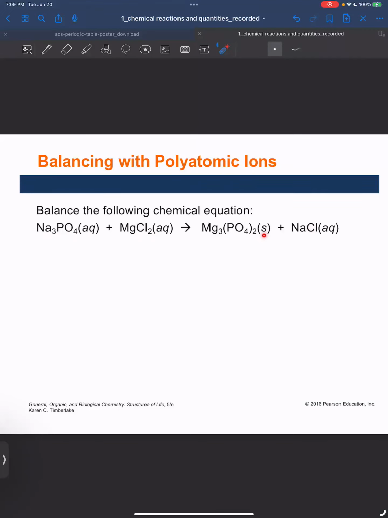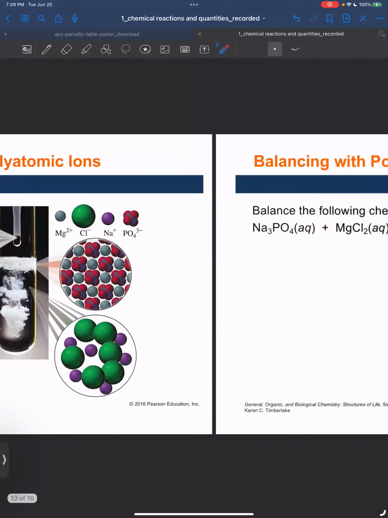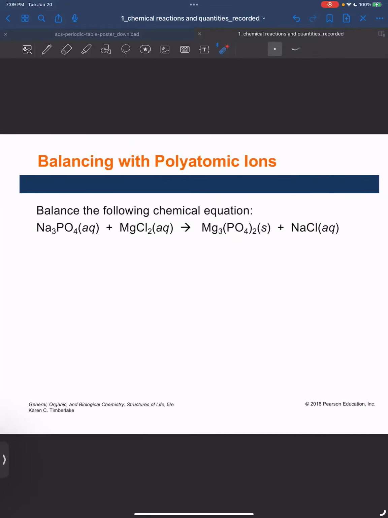It produces a solid substance as a product, that precipitate you saw in solution. We'll learn about how to predict if a precipitate forms or not in a later video.